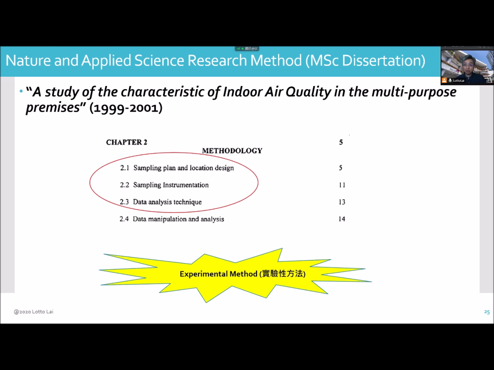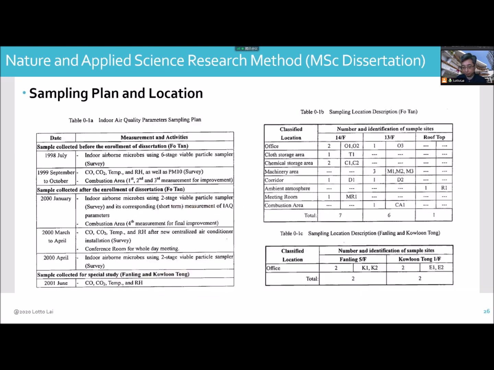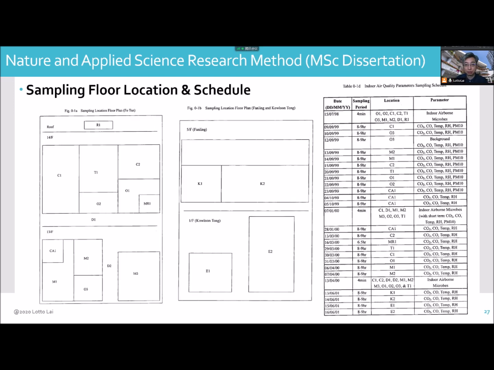The second of my studies is my MSc dissertation on indoor air quality. So I also had a sample plan, sample instrument, and data analysis. It was also an experimental analysis, with a sampling plan and locations.